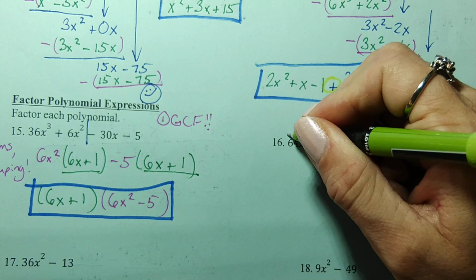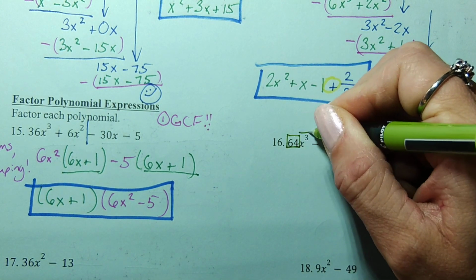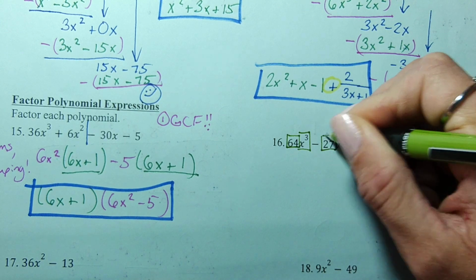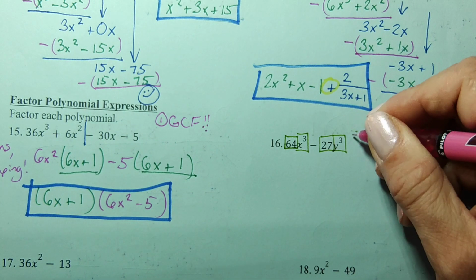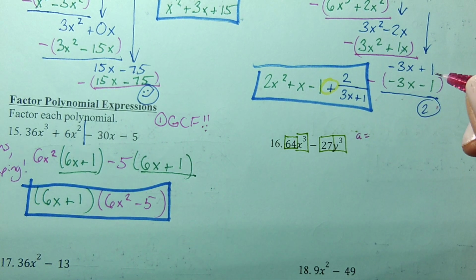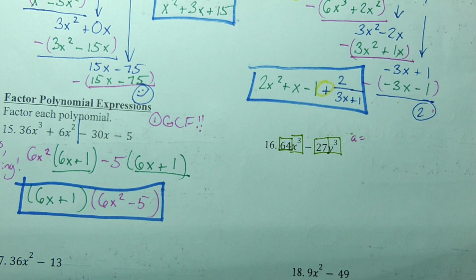Now, 64 is unique because it's also a perfect square. But these are both perfect cubes. The x is cubed, the y is cubed, the 64 is a cube, and 27 is a cube. So what is our a then? This is what Mr. Beal taught you guys on Friday.